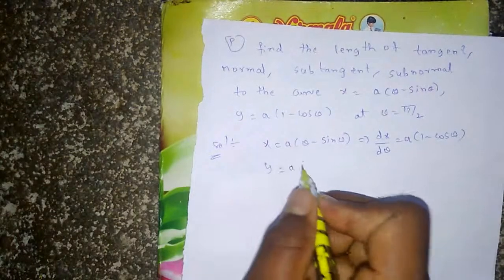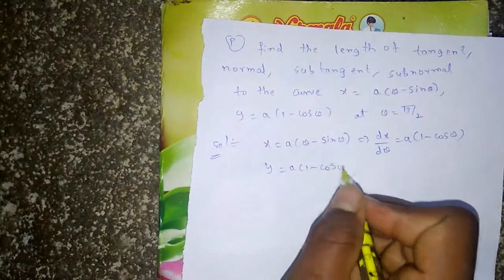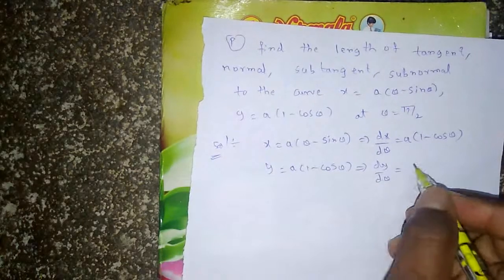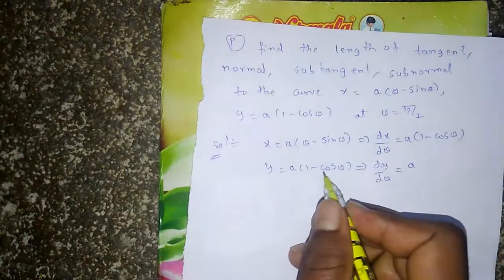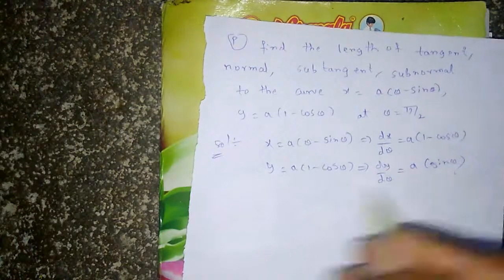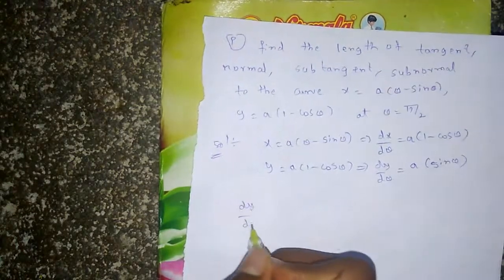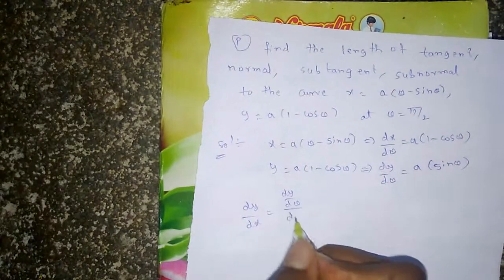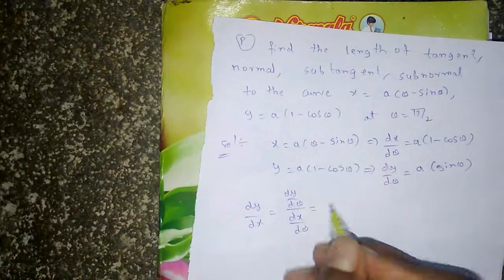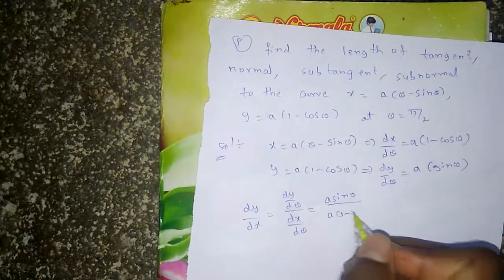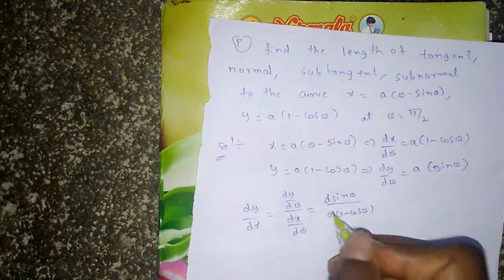Y is equal to a into 1 minus cos theta implies dy by d theta is equal to a into the derivative of 1 is 0, derivative of cos is minus sin, minus of minus, that is plus sin theta. Now dy by dx is equal to dy by d theta by dx by d theta, which is a into sin theta by a into 1 minus cos theta. Here a gets cancelled.